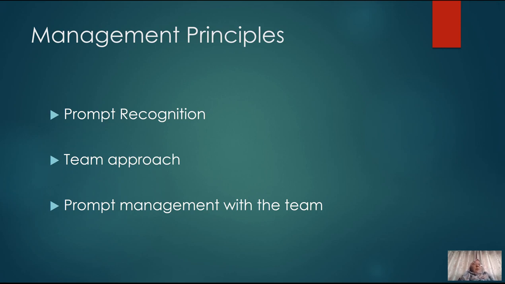You have to have a team approach, and you have to have prompt management with the team. And I will want to mention another term here, that is that you have to announce the emergency. So when we say you have to have a team approach and prompt management with the team, this means that if you are in one room delivering a patient and then you are faced with a shoulder dystocia, the first thing you have to do is call for help.